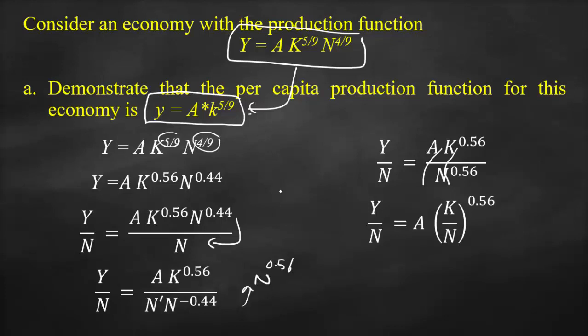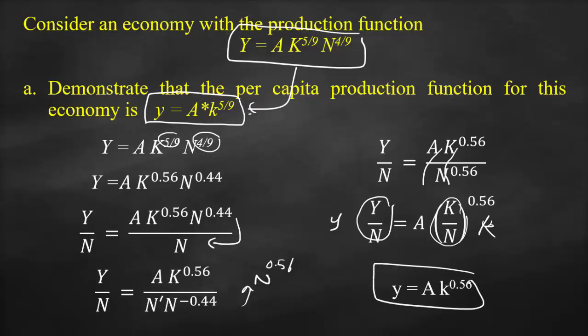Here Y over N refers to per capita output, which is little y. K over N refers to per capita capital, which is our little k. Therefore, we can write our formula as little y equals A little k to the power 0.56. So now we proved that this formula is exactly the same as the original formula.